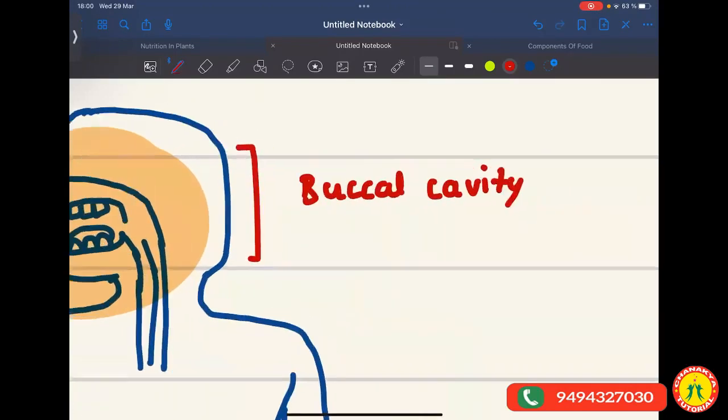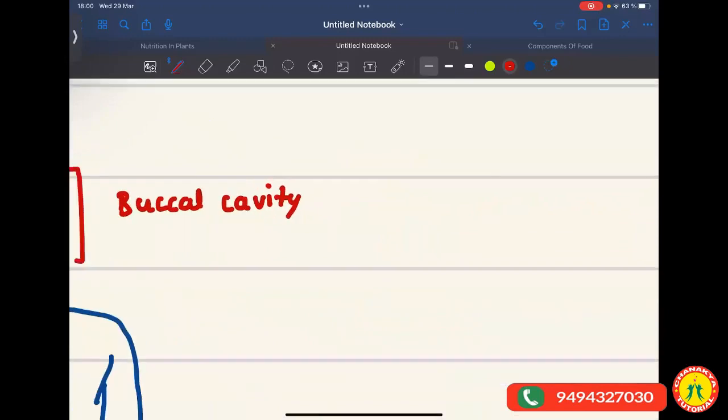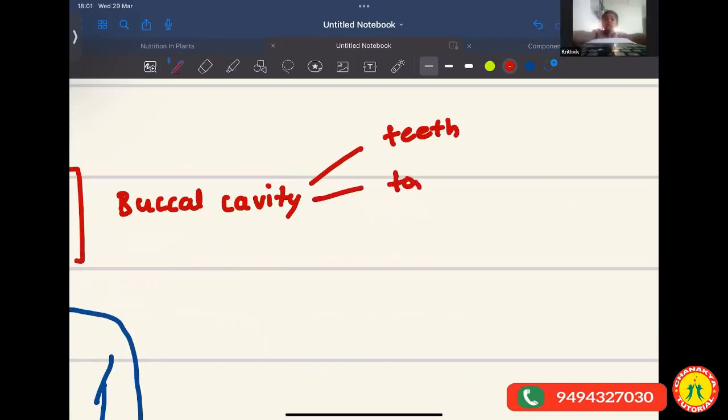So what does the buccal cavity contain? What are the things in the buccal cavity? You have the teeth. What else is there? Tongue. Then once food gets inside your mouth, what happens? For example, you're having a biscuit. What happens to the biscuit?